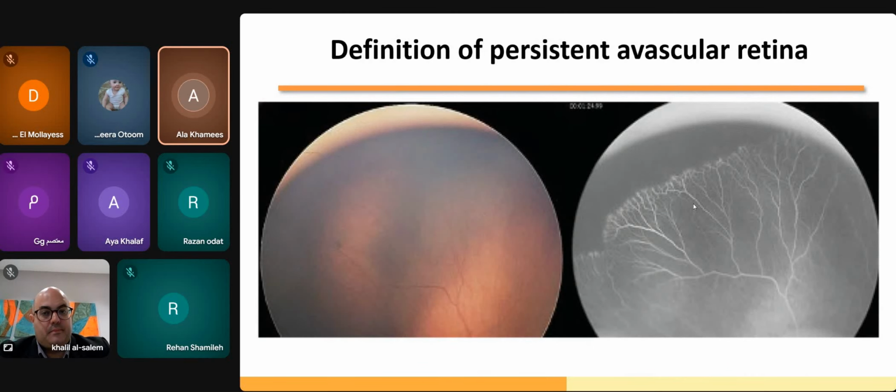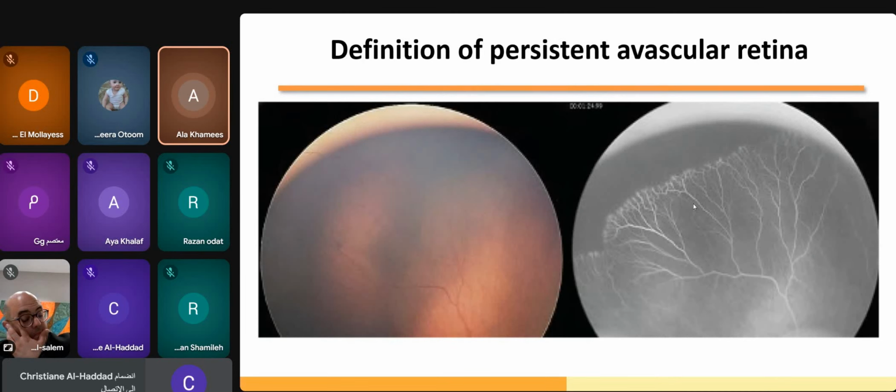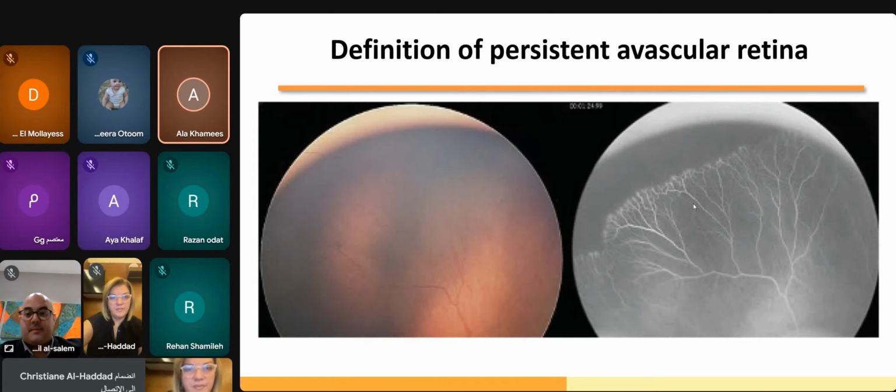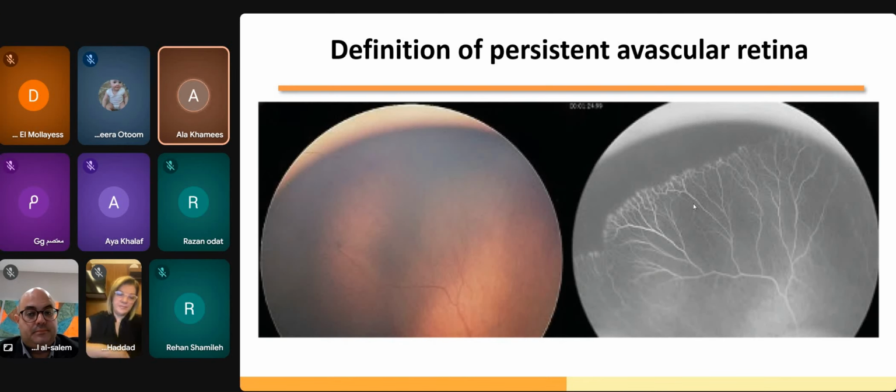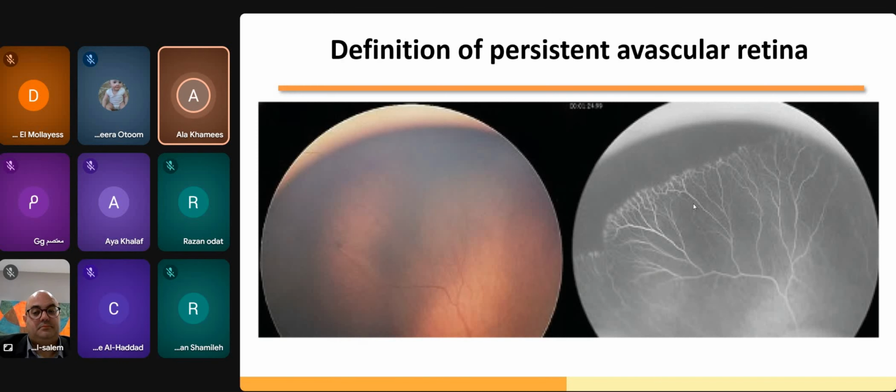So ICROP3 defined the persistent avascular zone. Persistent avascular zone was introduced into the ROP lexicon, and it means that blood vessels failed to grow to the front of the eye or to the anterior of the retina. There is a belief there may be a higher risk of persistent avascular retina after anti-VEGFs than after spontaneous regression that we see frequently now.